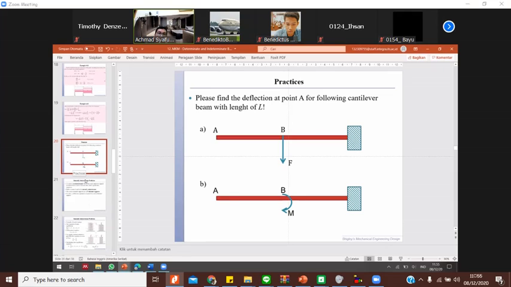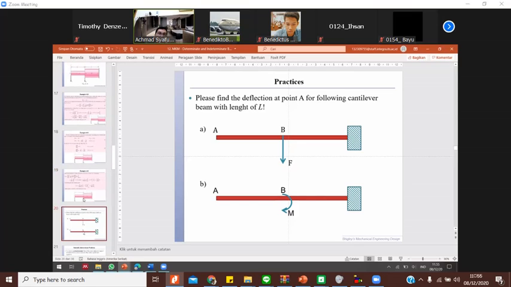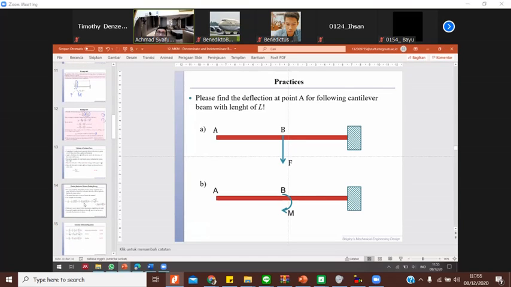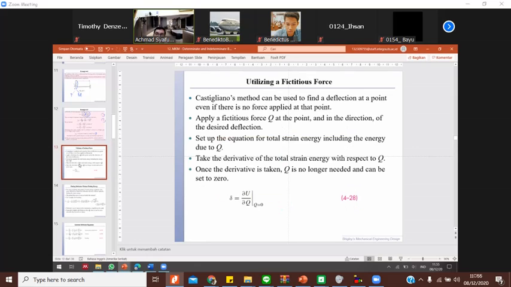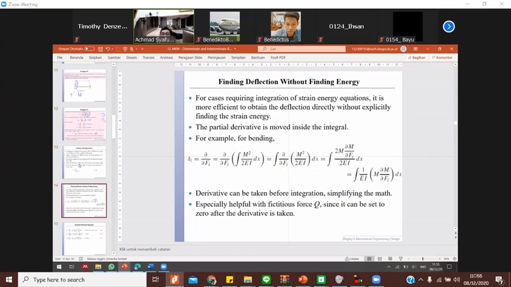Before I continue, we can make a shortcut for the procedure of the Castigliano method. We don't need to find strain energy to calculate deflection. And this is the shortcut.